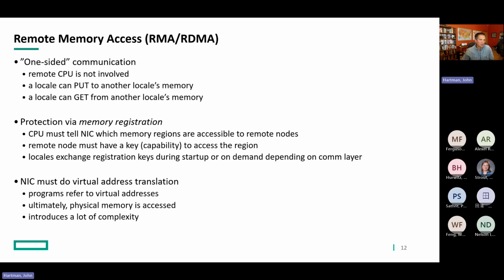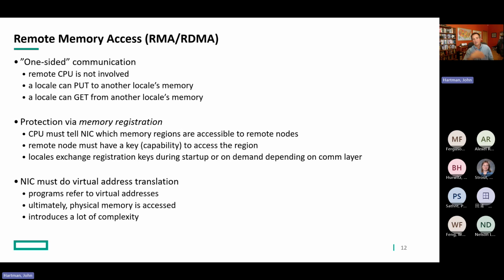So you might be thinking, well, this sounds quite risky, having one locale reading and writing another locale's memory directly. And it is, and so there is protection provided via what's called memory registration. There's other reasons for it, but let's just talk about it in terms of protection. So when your locale starts up, or any program starts up, the CPU, which is executing the code, has to tell the NIC which memory regions can be accessible to remote nodes.